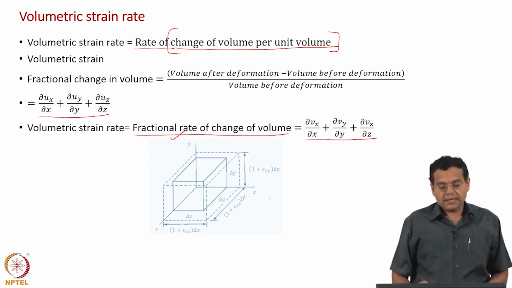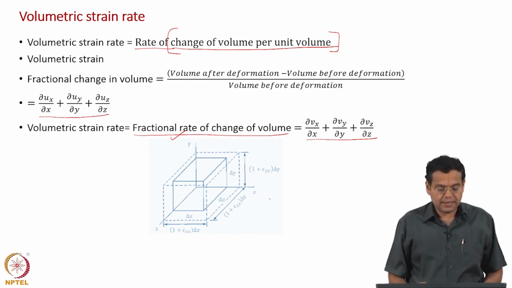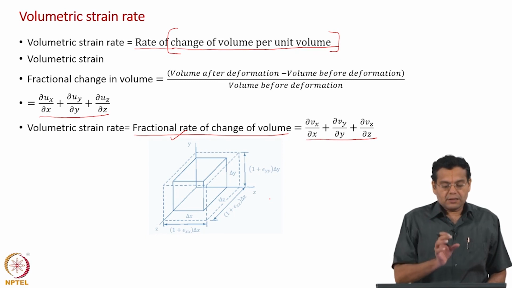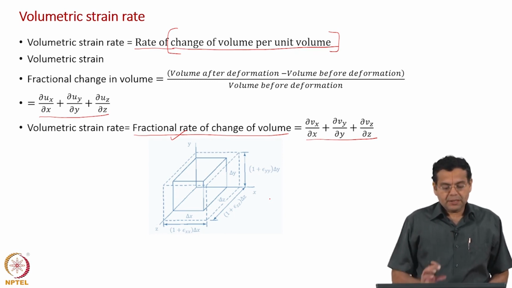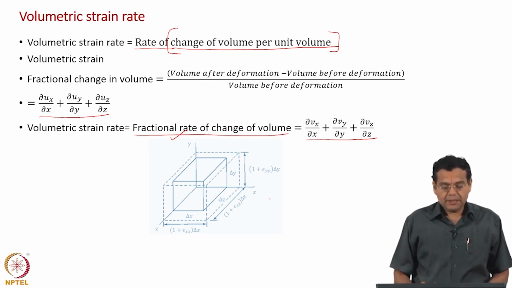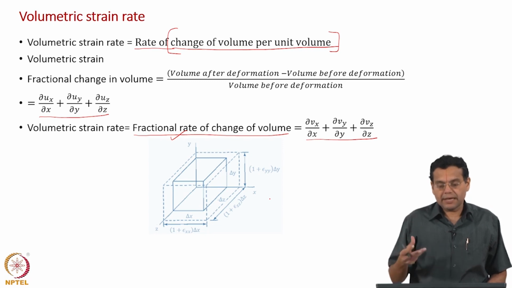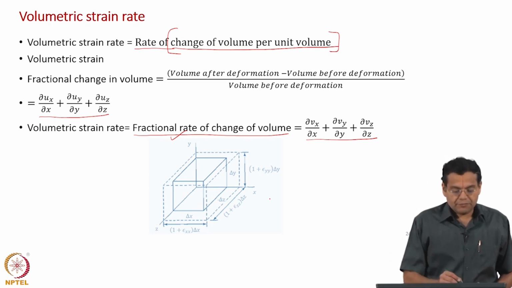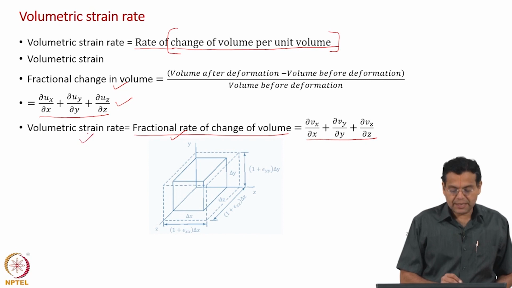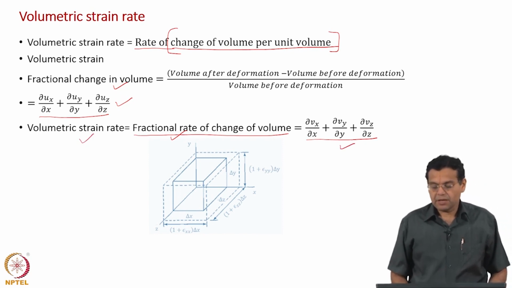Just like in the case of normal strain rate and shear strain rate for solids, for example, normal strain in terms of displacement gradient, the left hand side normal strain became normal strain rate, and the right hand side became velocity gradient. Similarly, here we have volumetric strain in terms of displacement gradient, and so volumetric strain rate in terms of velocity gradient.